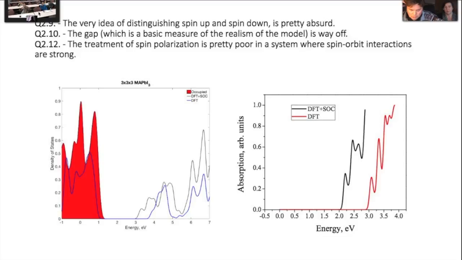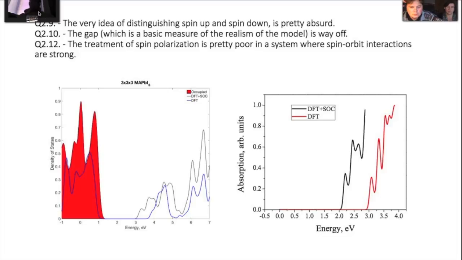And so now we have some of these spin-orbit coupling calculations done, comparing what happens to the band structures or the energy distributions of the states with and without the spin-orbit coupling.